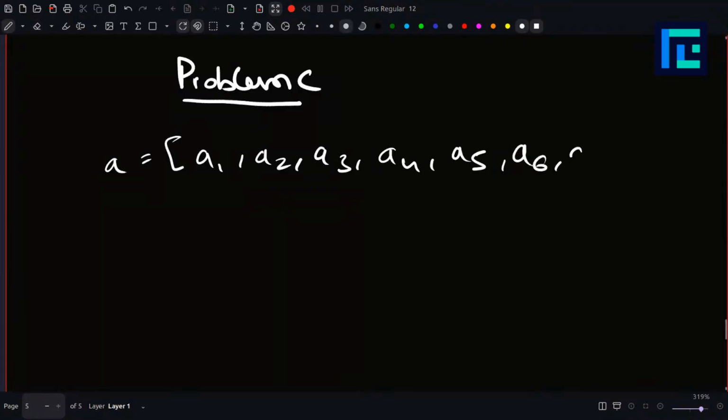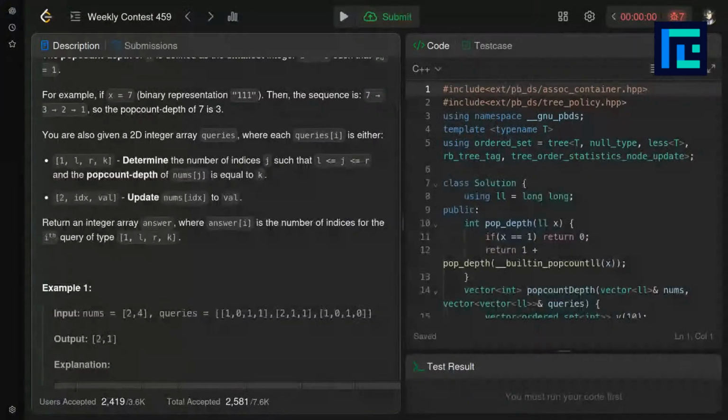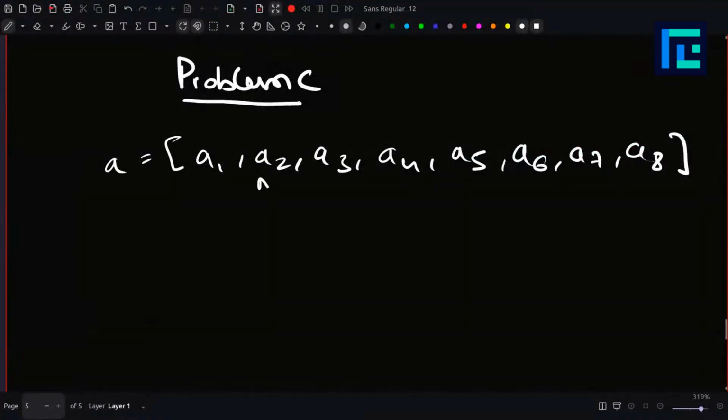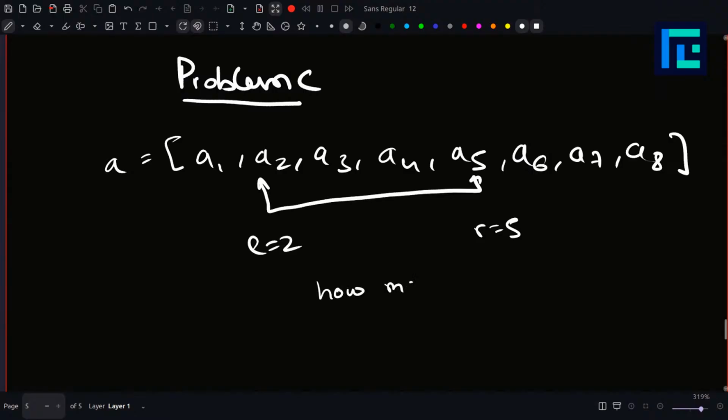Let's say there are 8 elements. Now what are our queries? The type 1 query says that between L and R, so let's say L equals 2, R equals 5, how many elements have pop count depth equal to K? Okay, so that's the first type of query.